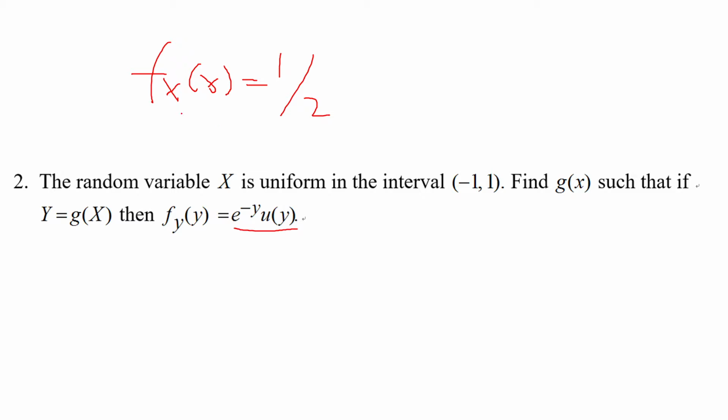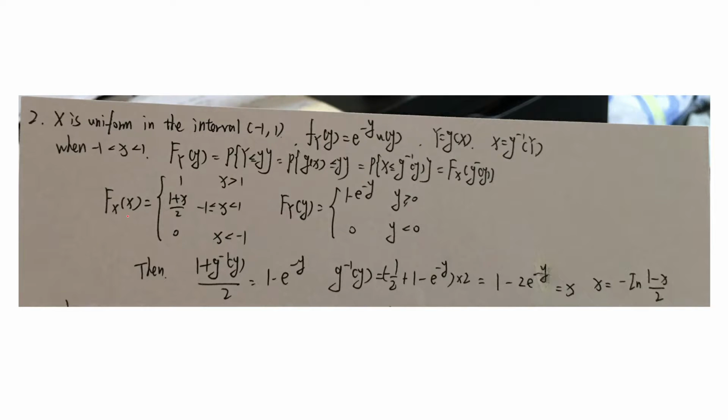And we already know the probability density functions of x and y, so we can draw the probability distribution functions of x and y from these two functions. F_x(x) equals the probability distribution function of x.